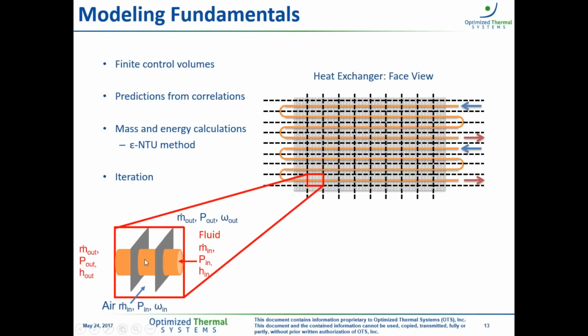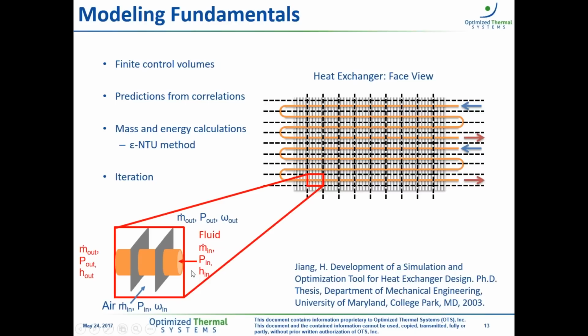Inside each of those segments, we have tubes and fins, and we can solve the mass and energy balances to calculate the outlet state of refrigerant and the outlet state of air for each segment, and iterate that process all the way through the heat exchanger to get the result. And we'll demonstrate this in practice in a moment.